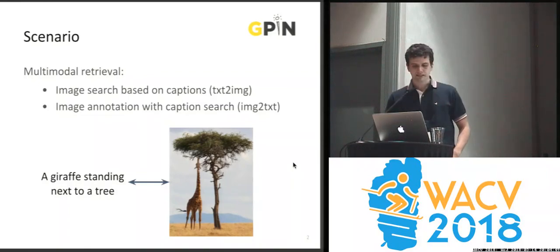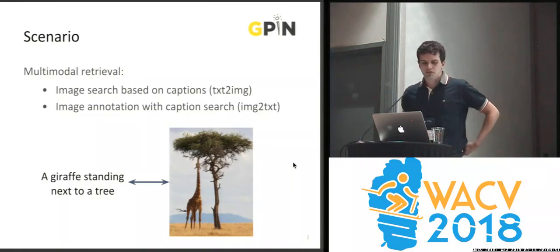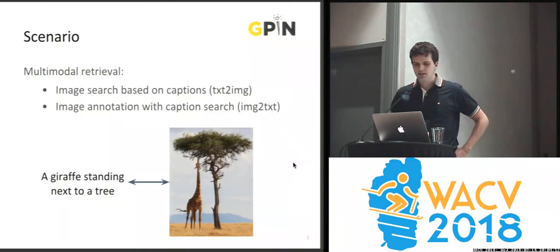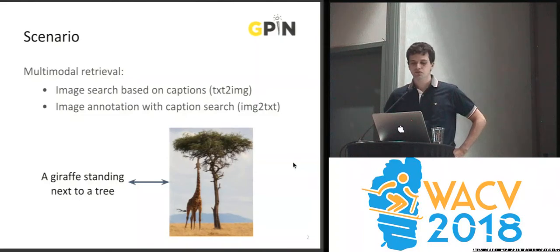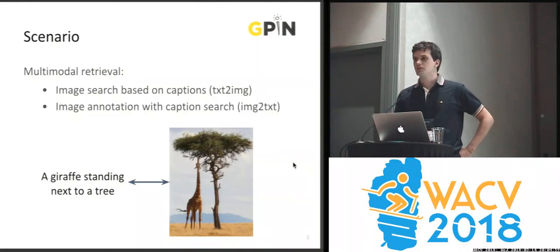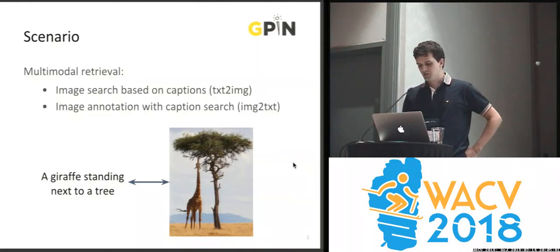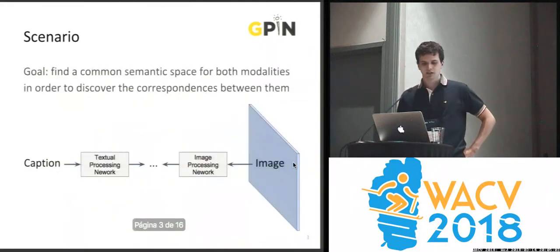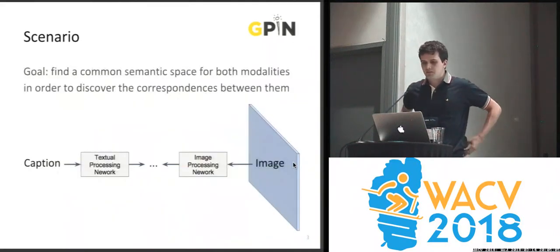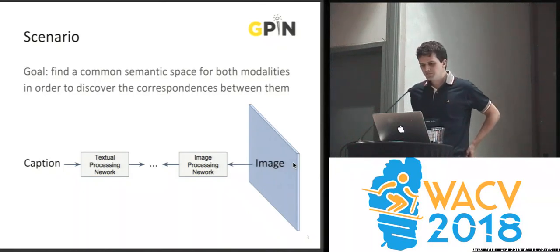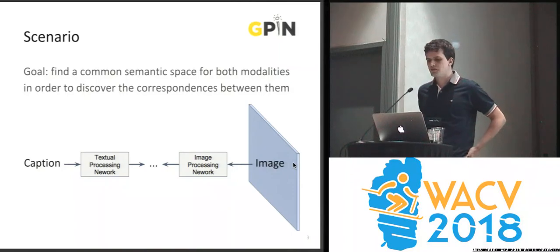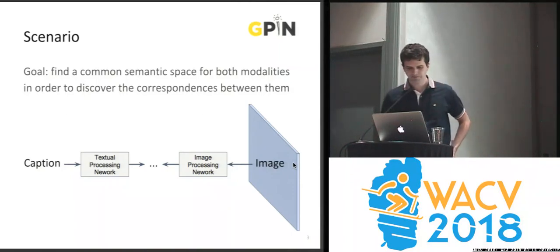As you can see in the example, given an image, you can generate a sentence, a caption, and by typing in a sentence, you can retrieve an image in a search tool, for example. The idea is to find a common semantic space for both modalities. You pass the image through a neural net and a caption as well, in order to discover the correspondences between them.